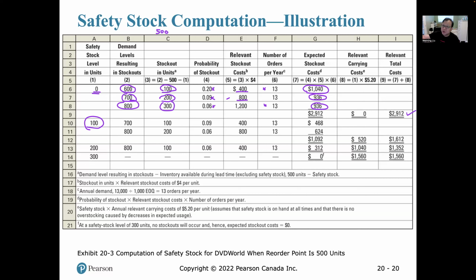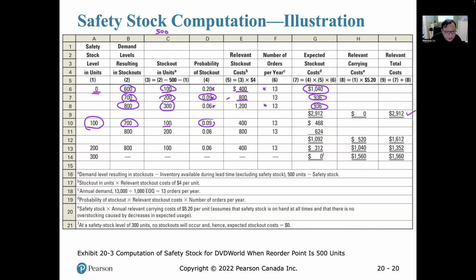If sales happen to be 600, that's totally fine. The situation is, what if the demand is 700? So 700 minus what you have, which is 500 plus 100, 600. 700 minus 600 is 100. And remember, this is a 9% chance, 9% chance for 700.